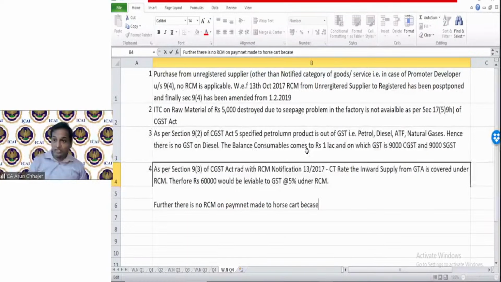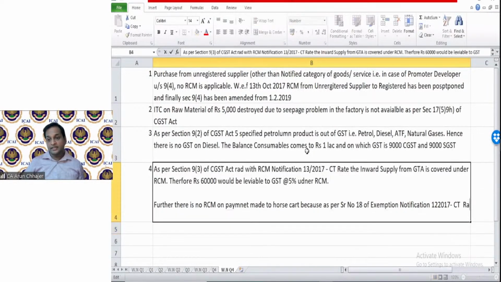Section 10 is for composition levy, not for this particular exemption from GST. But yes, because as per serial number 18 of exemption notification 12/2017 CT rates. What is the meaning of CT? Central tax.